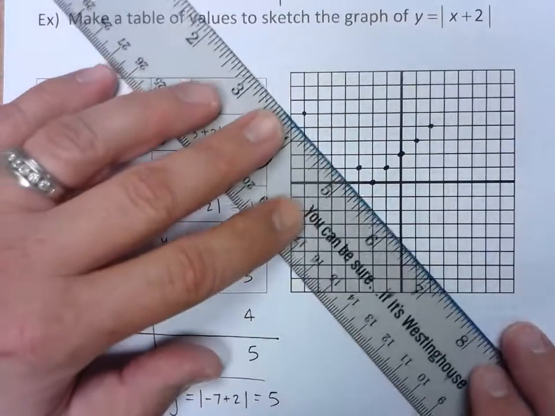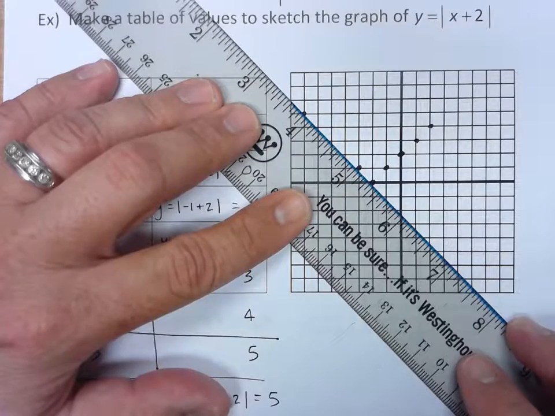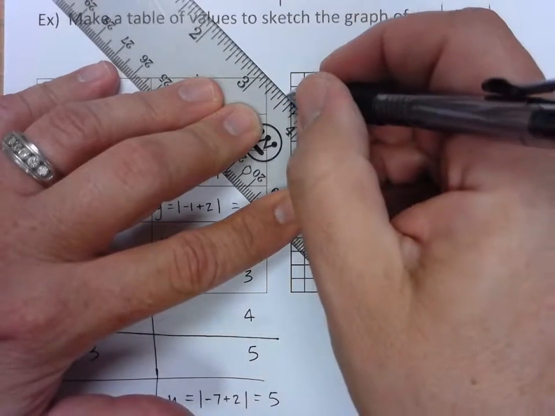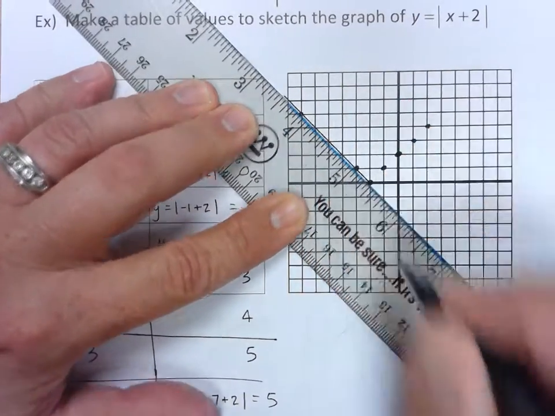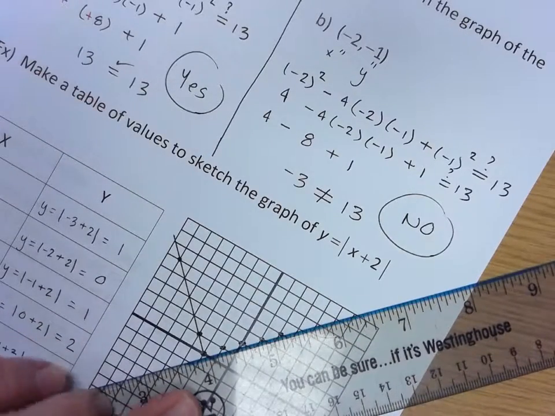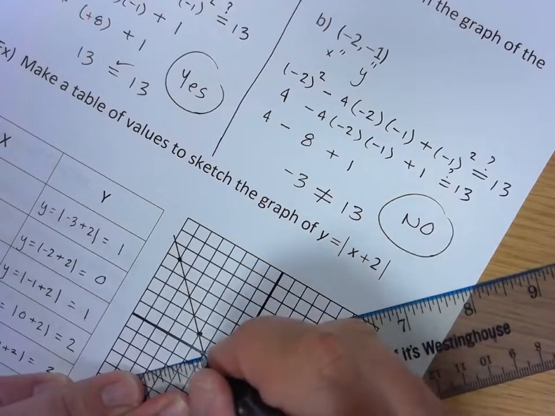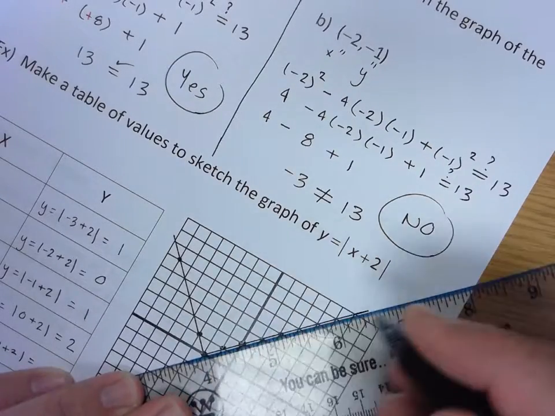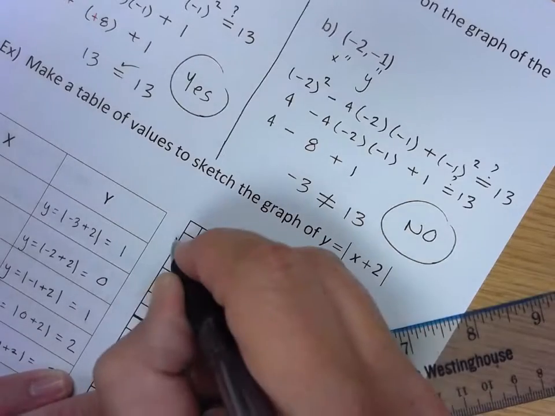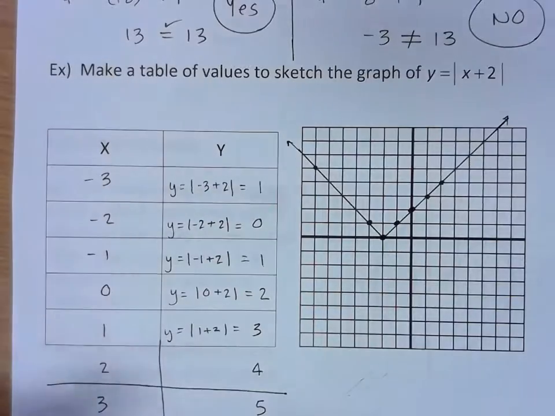Let me get my straight edge out, connect the dots as best I can, comes down here, makes a right angle turn at that x-intercept, and then keeps on going upward in this direction. So the full graph of something involving absolute value makes this hard V shape.